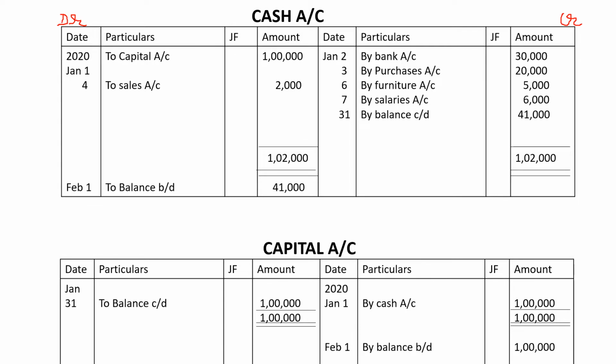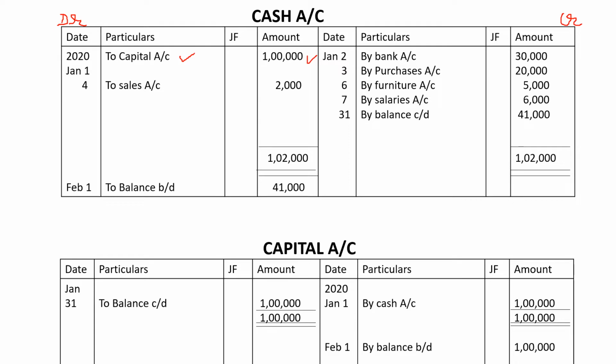First transaction is on January 1st, cash account debtor to capital account. So here the first transaction we have to write in the left hand side, cash account debit side. So 2020 January 1st, to capital account, 1 lakh rupees amount we have to write.